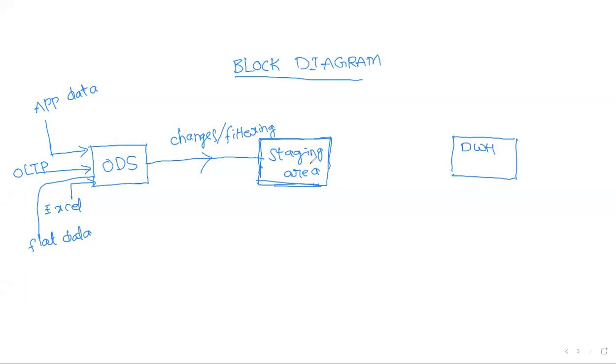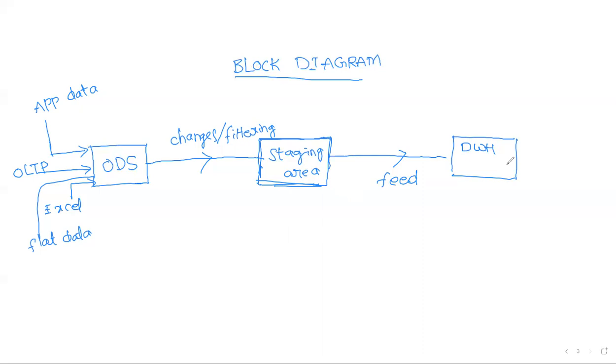But coming to staging area, there you can give some conclusions out of the information obtained at different staging areas. See, here staging area may not be one. It may be 1, 2, 3, 4, many, staging areas are different. So staging area will have some information out of the data that you collected in ODS. After that, you need to load this data. You have to feed this data to DWH. DWH means, I told you already, data warehouse concept.